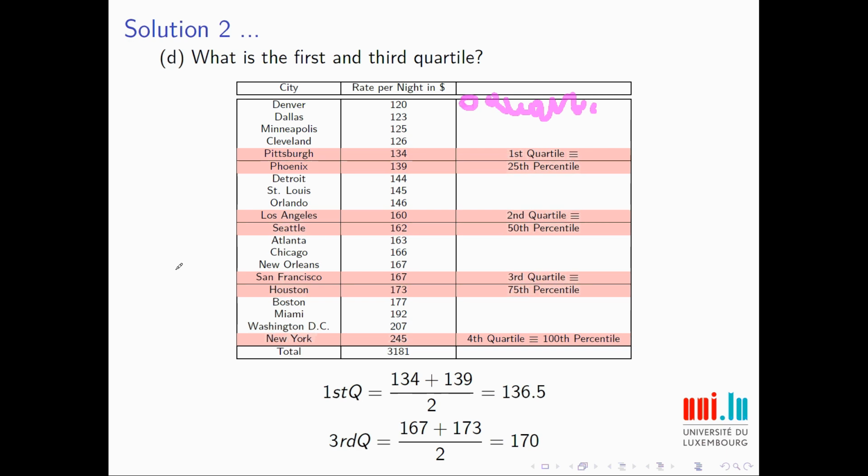If you have an odd number of observations in your original data, you remember how we find the position for the median. For example, if we have 21 observations, the position of our median element is 11.